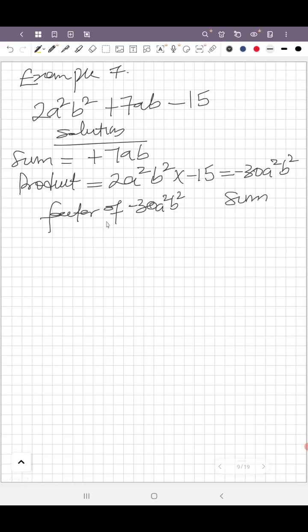So what is our factor? We try to use plus 10ab and minus 7ab. And the sum is, when we add it together, not 7, sorry, it is 3.